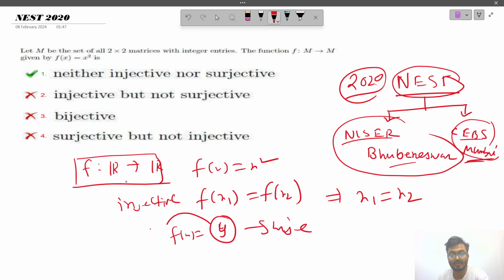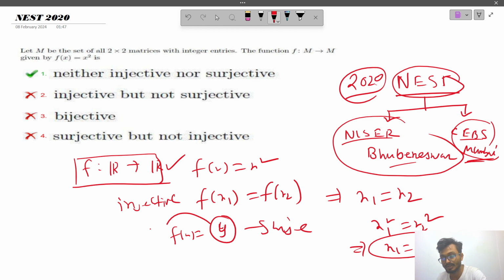In that case it was very easy, because f of x equals x square, that means x1 square equals x2 square, which implies x1 equals plus or minus x2, so it is not one-one, it is not injective.